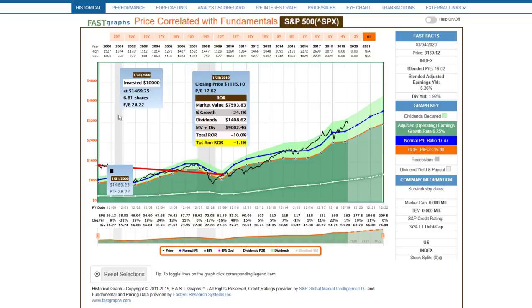In other words, the market went from 1469 on January 31st, 2000 to 1115 by the end of January 2010. That's a 24% drop. However, if we add in dividends, which averaged about $1,400 over that time frame, a $10,000 investment in the market would have been worth about $9,000, counting market loss plus dividend income. That's a minus 1.1% rate of return.